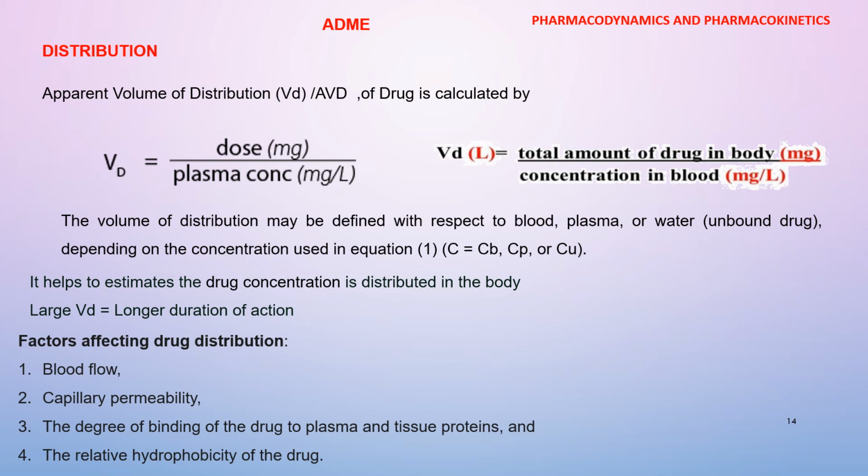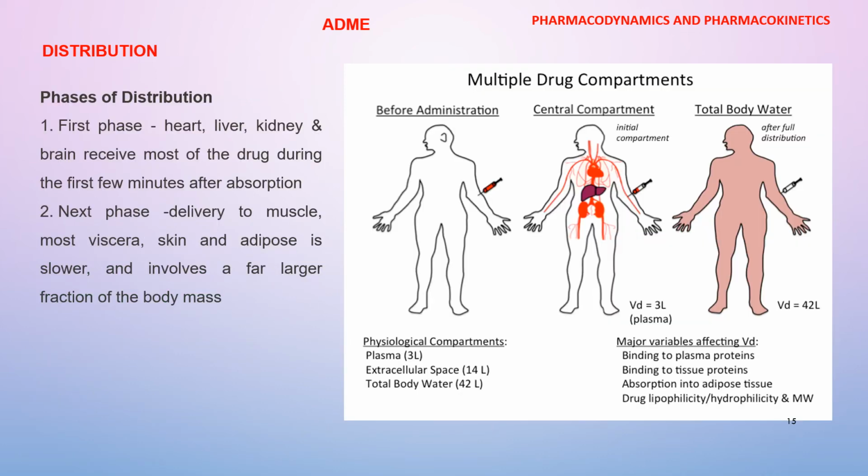The distribution of a drug in the body depends upon the blood flow, the capillary permeability, the degree of binding of drug to plasma and tissue proteins, and the relative hydrophobicity of the drug. Blood flow affects the rate of distribution of drug.